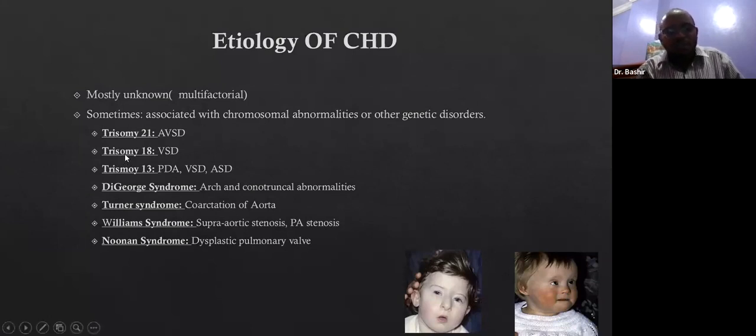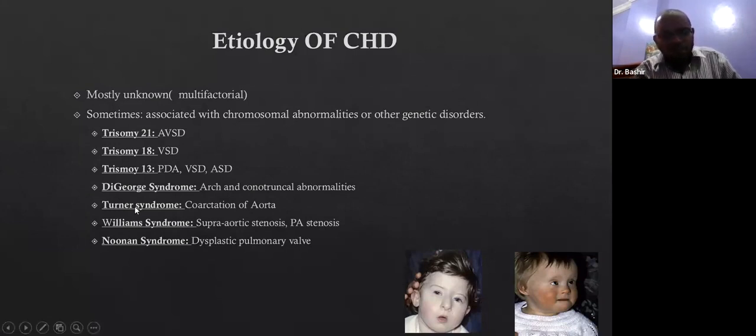And trisomy 18 or Edwards, associated with septal defects, most likely VSD. Trisomy 13 or Patau, associated with PDA, VSD, and ASD. DiGeorge syndrome is associated with conotruncal abnormalities or arch anomalies, like interrupted aortic arch.